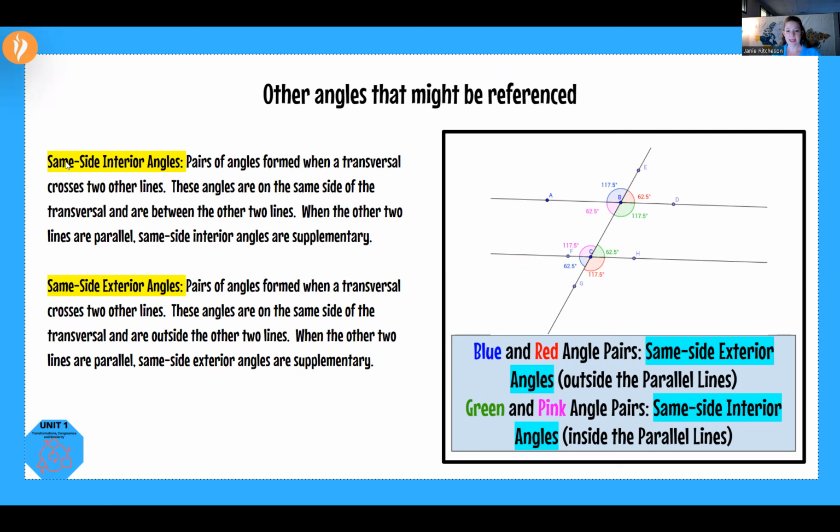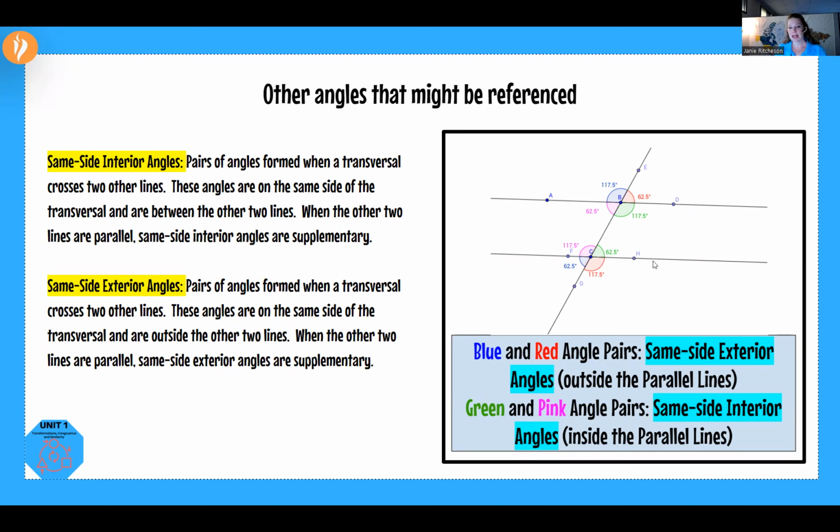So same side means, obviously, on the same side of the transversal, which means these green angles are same side interior angles. The thing that's true about same side interior angles is they're always supplementary. They always equal 180 degrees when added together.